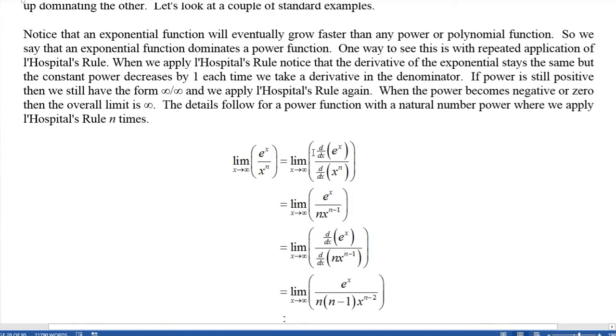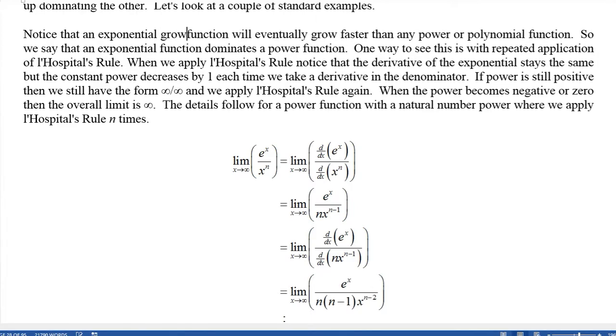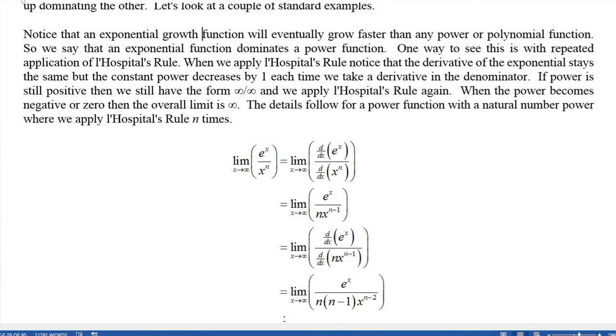We're going to compare an exponential function with a power function or maybe a polynomial function. And exponential functions dominate power functions or polynomial functions. So, for example, if the power is bigger than 1, both an exponential growth function and a power function will be growing, concave up, increasing, in the first quadrant.